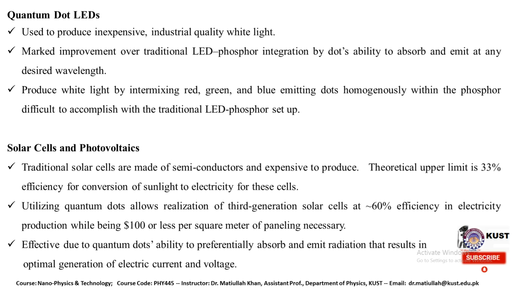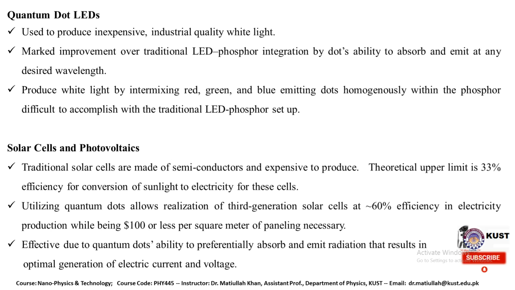Changing the particle size will change the absorption or emission spectrum of that particular quantum dot. So we can produce white light by intermixing red, green and blue emitting dots homogeneously within the phosphors. This is difficult to accomplish with traditional LED phosphor.